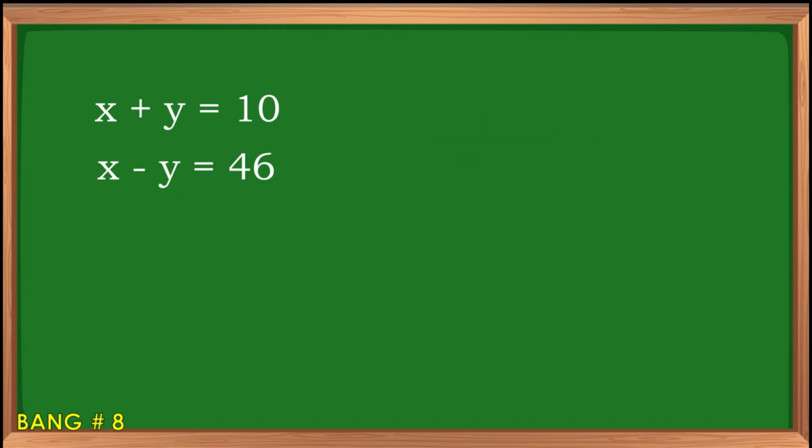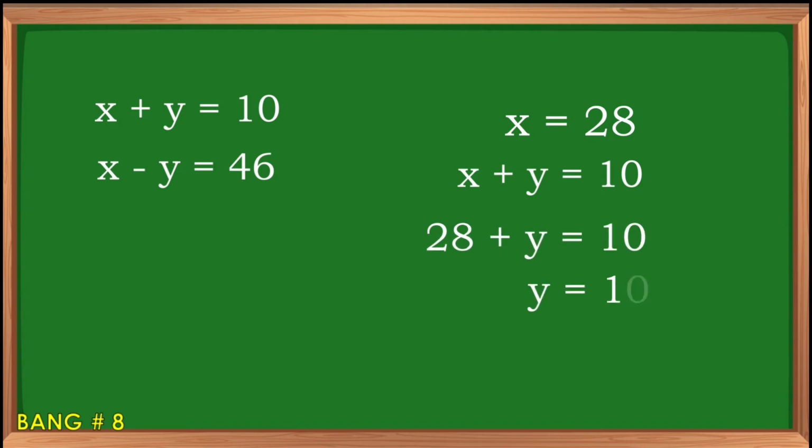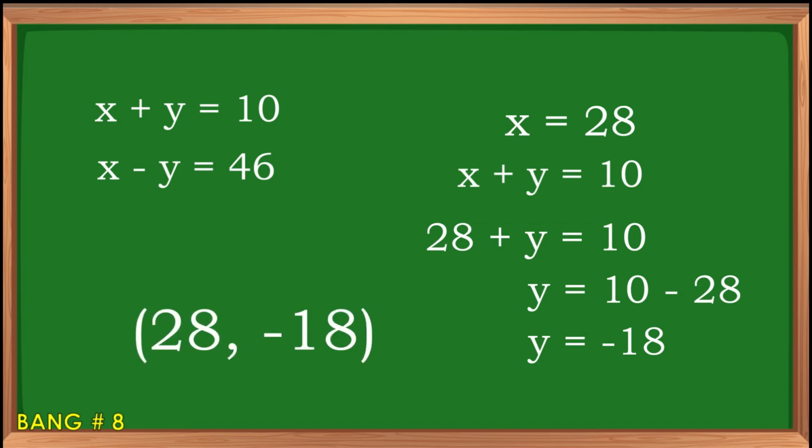To solve for y, substitute x as 28 in equation 1. By applying the subtraction property of equality, the value of y is equal to negative 18. The solution of the system is 28, negative 18.